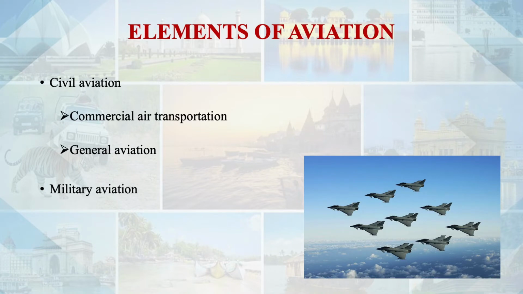So two terms are there under civil aviation, and another one is military aviation. Military aviation is a totally different area. Civil aviation is a totally different area. So let us see the details of civil aviation and military aviation. Civil aviation is basically all kinds of aviation activities other than military flying.